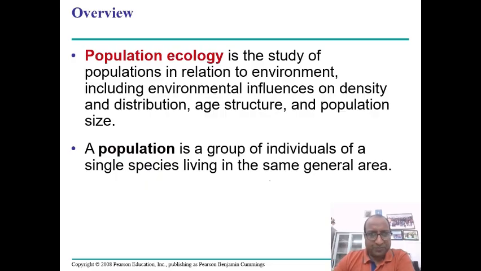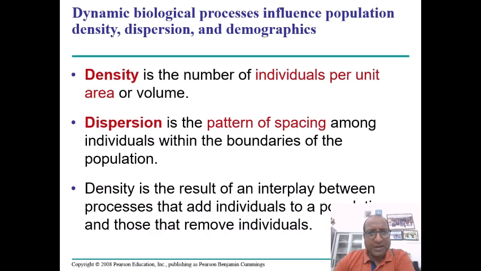Now the dynamic biological processes: what are the different dynamic biological processes which influence population, its density, dispersion, and demographics? How do we define density? It is the number of individuals per unit area or volume. The number of people living at a particular place is known as density.